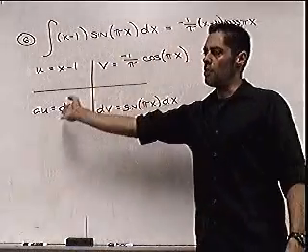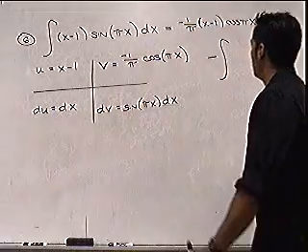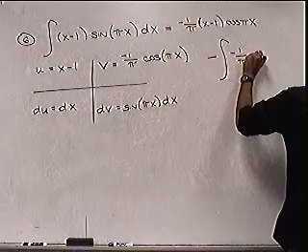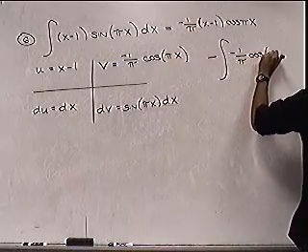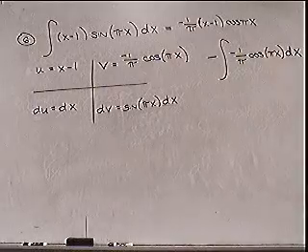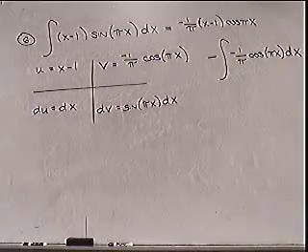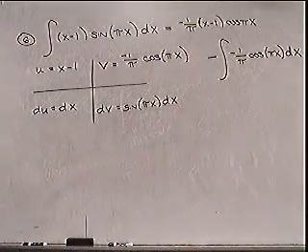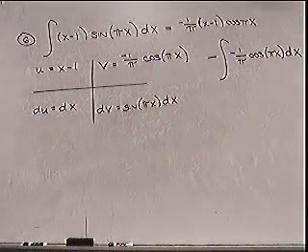So it's going to be these two: negative 1 over pi cosine pi x dx. I don't necessarily need that negative 1 over pi inside. I can factor that out.